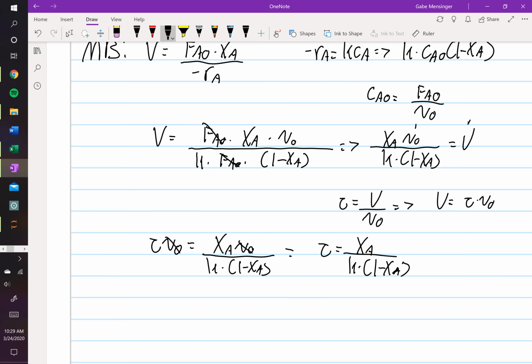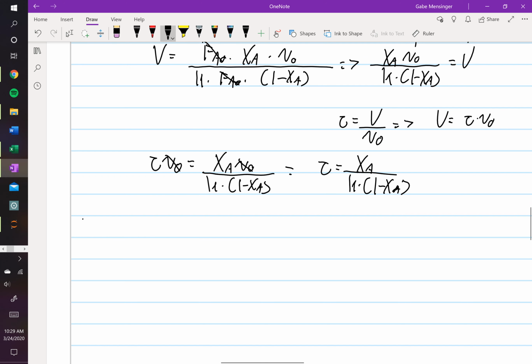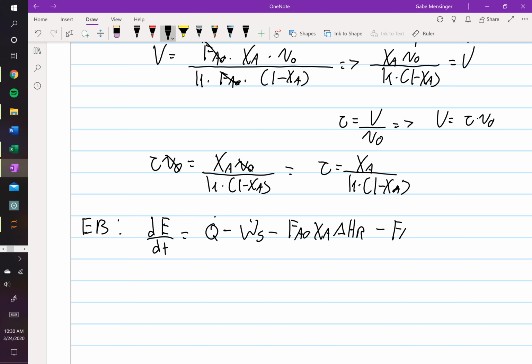For the time being, we will leave that the way it is and move on to our energy balance. Starting off with the entire energy balance, it is W dot minus delta HR, FA naught, the sum of theta I CPI, T minus T naught.